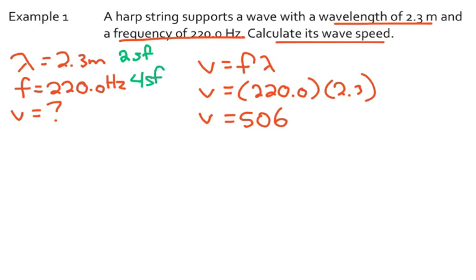Because we have a 0 after the decimal, that last 0 is significant, which now sandwiches the middle 0. It also becomes significant as well. Our final answer must have the fewest number of sig figs of any individual measurement. That would be 2. So 506, to give it 2 sig figs.